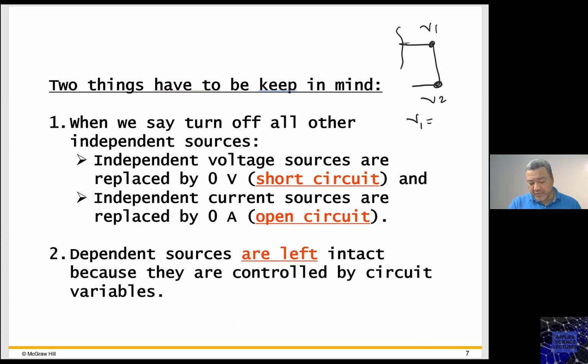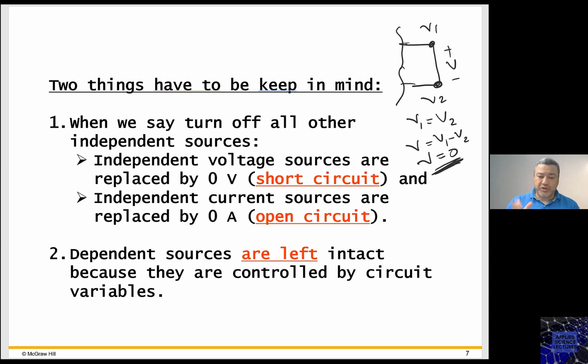Taken from a circuit, V1 equals V2, and that's why the voltage across here, which is V1 minus V2, becomes 0. So that's why a piece of wire has a voltage drop of 0, because it belongs to the same electrical node. So the potential difference is 0, right?